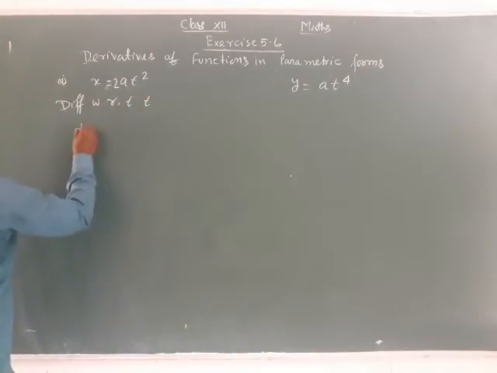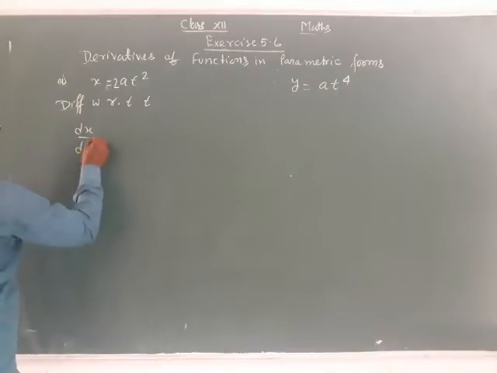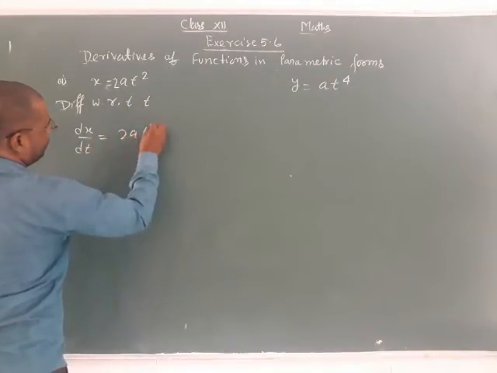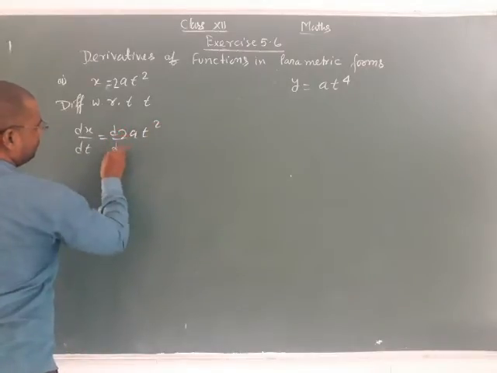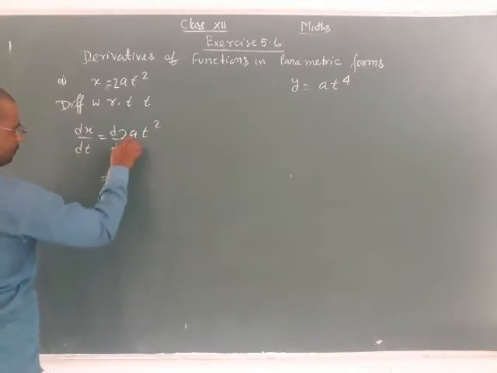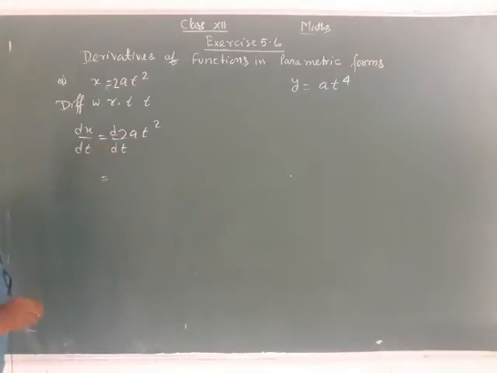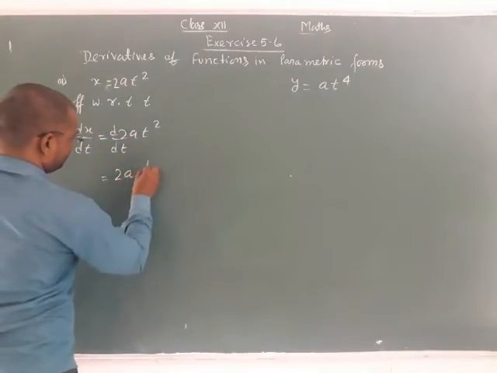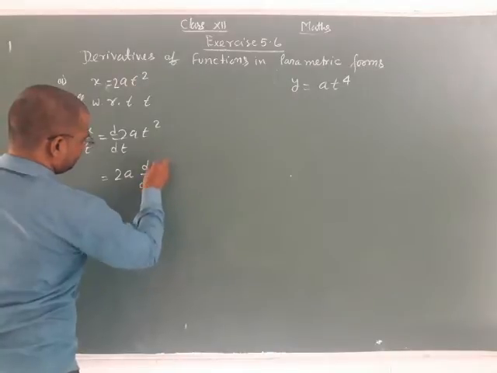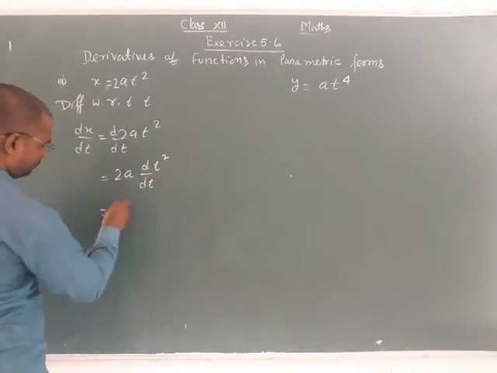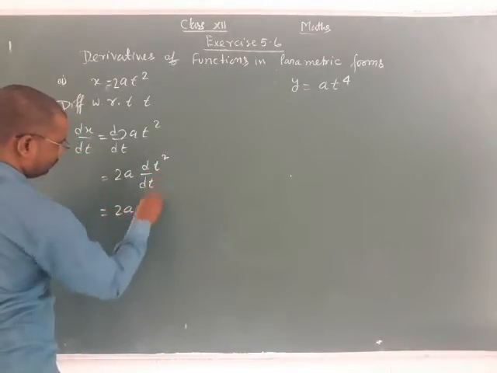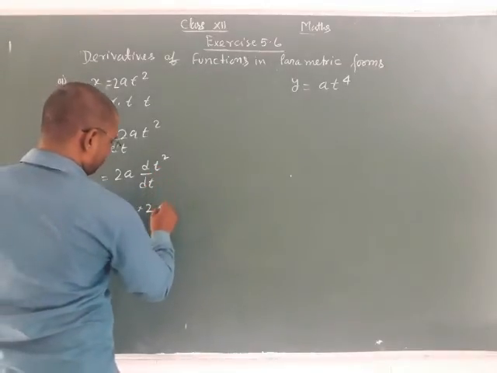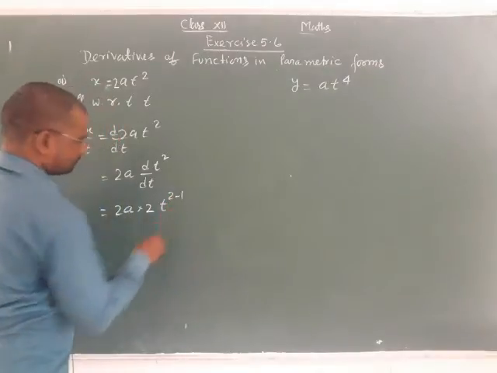So dx upon dt is equal to 2a d upon dt of t to the power 2. Taking the constant coefficient 2a common, 2a into 2 into t to the power 2 minus 1.